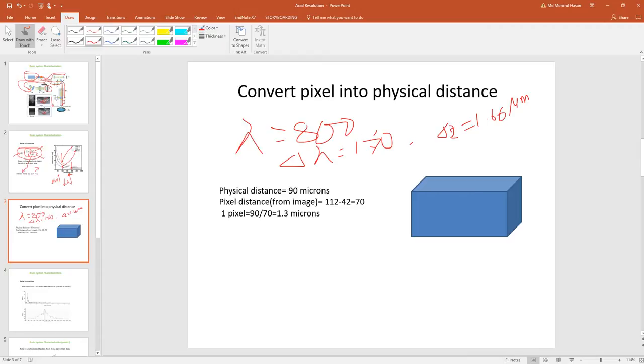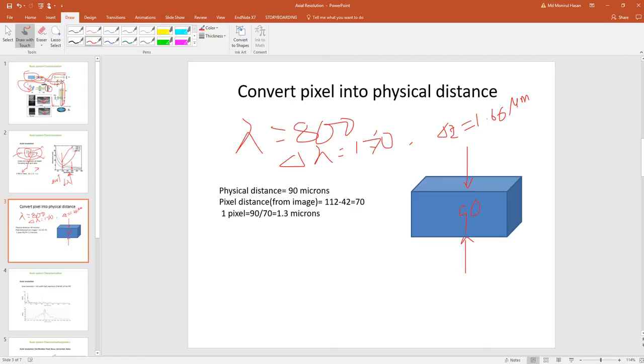One thing we need to know before the actual calculation of the axial resolution is how to convert the pixel value into physical distance. Say we are taking an image of a sample whose thickness is 90 microns.